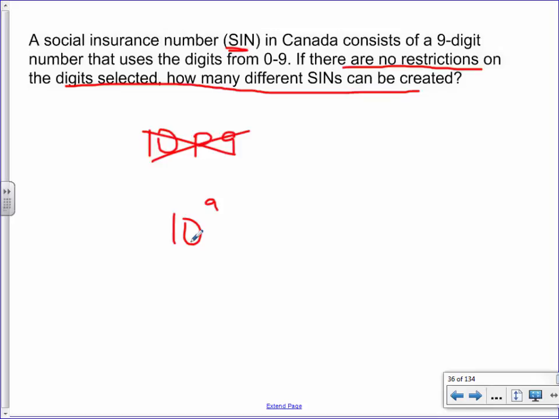You can't use it again, right? But for a digit on a SIN number, my SIN happens to have 2 3s in it. That's fine. Does that make sense? You have to be really careful with the context of the question. That makes sense?